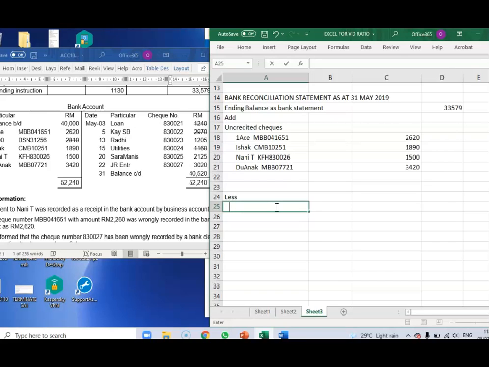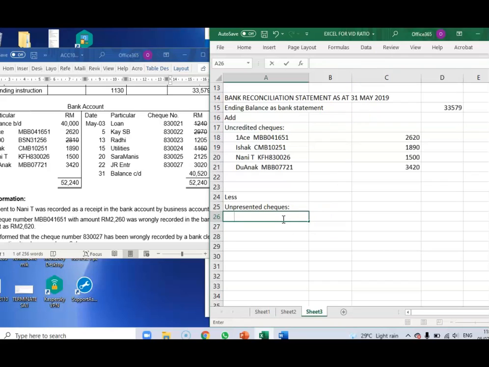So you can now find out what are the unpresented checks that have not been presented to the bank, but we already issued them.